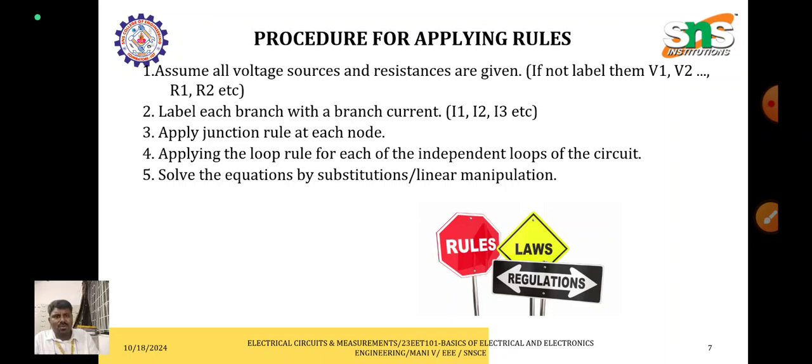Apply the junction rule at each node. After that, apply the loop rule for each of the independent loops of the circuit. And finally, solve the equations by using an equation solving method or Cramer's rule. So these are the procedure steps we have to follow.